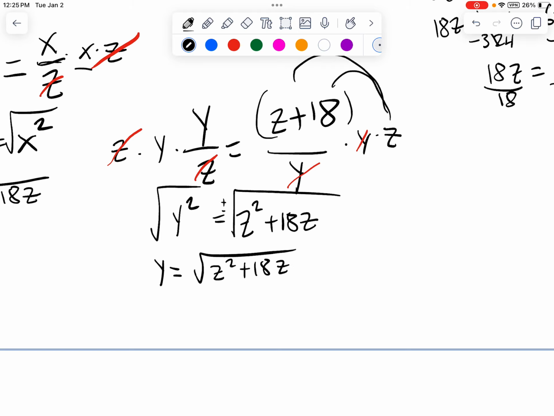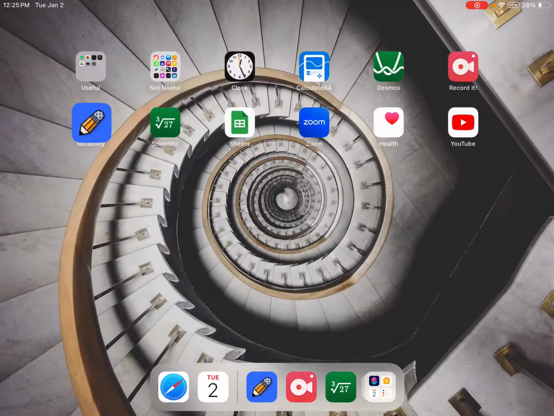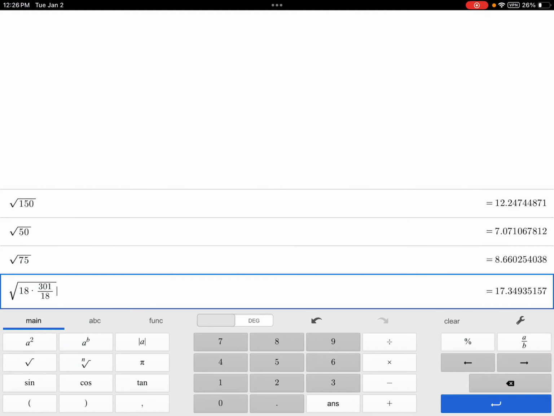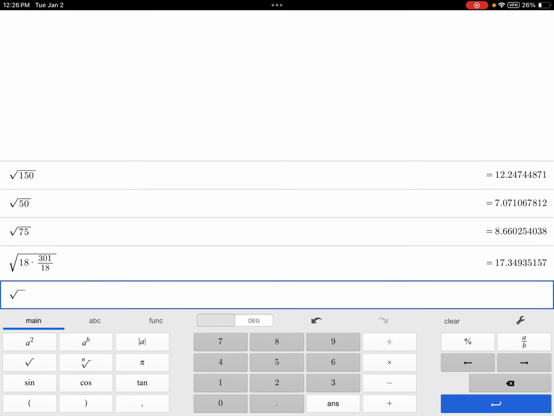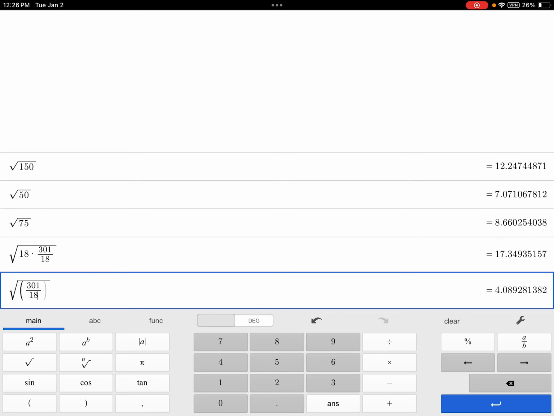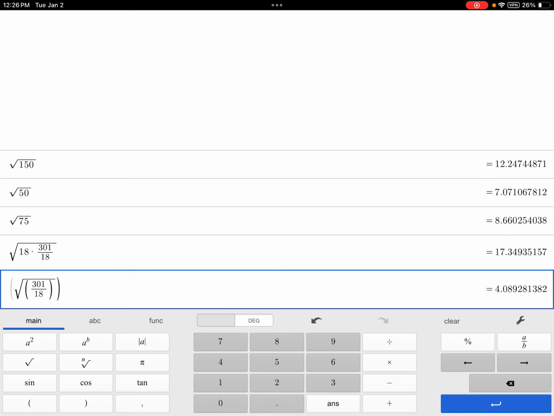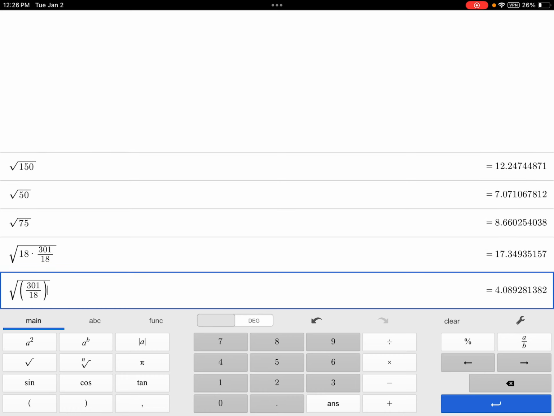Again, don't freak out. You know what z is. Plug it in, right? So then we go from there and you say, okay, so it's the square root of z squared, so 301 over 18. Yes, you do need these parentheses. And then from there, z squared, and then plus 18 times z, 301 over 18. There we go.